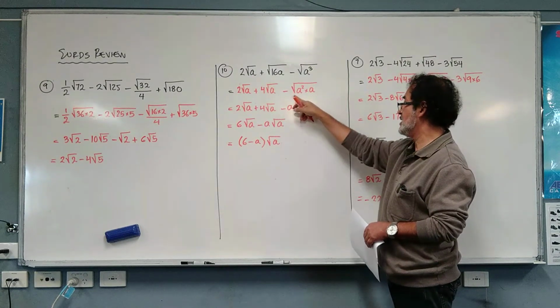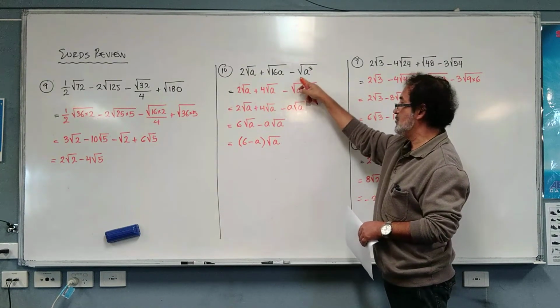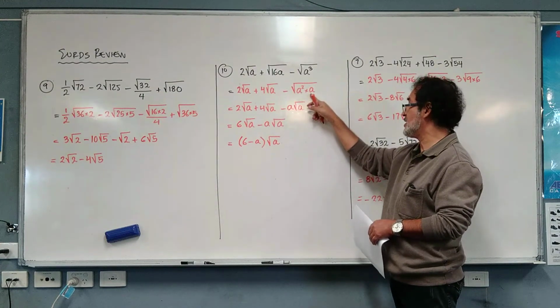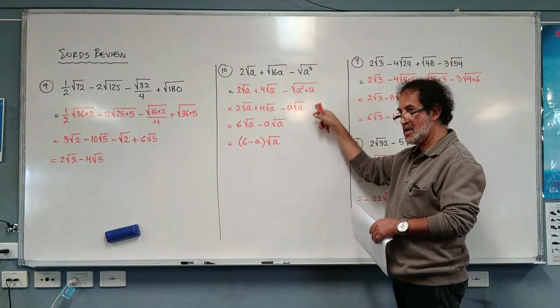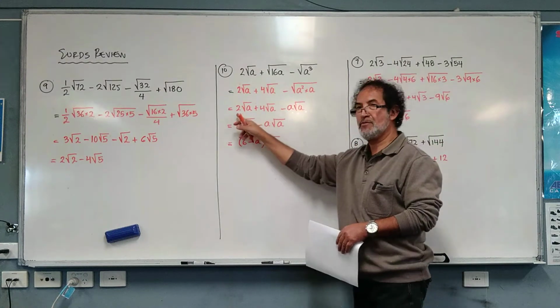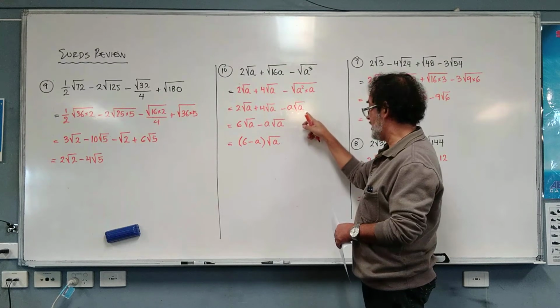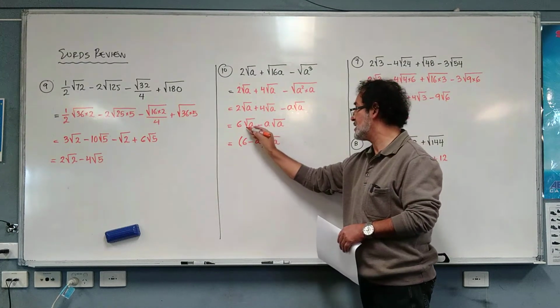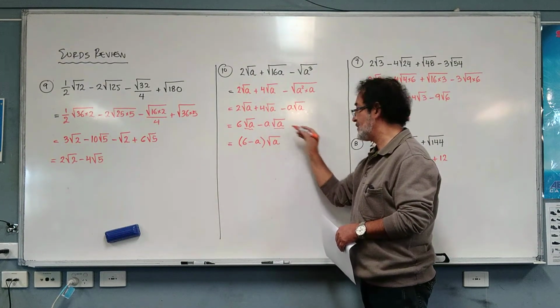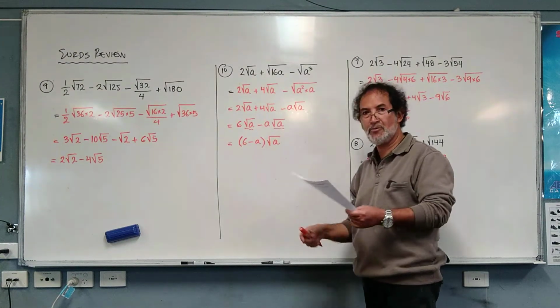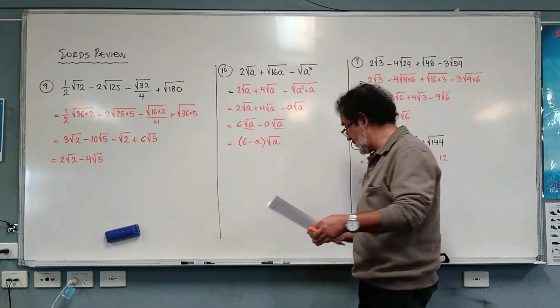So then we can simplify this by getting rid of the square root and the square, so we're going to have only a, but still we're going to have the square root of a. And then, well, we simplify. So we do 2 plus 4 is equal to 6 minus a square root of a. And then you can see that this is the common factor. Okay, so that means that you're going to have 6 minus a in bracket, and then the common factor goes outside. All right.